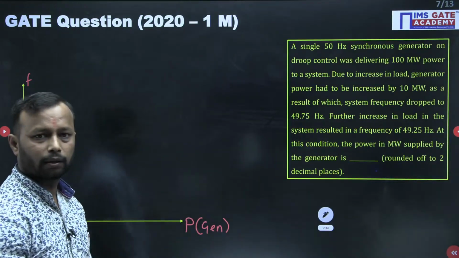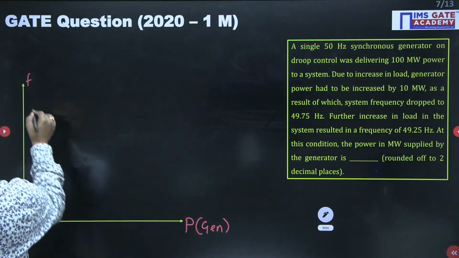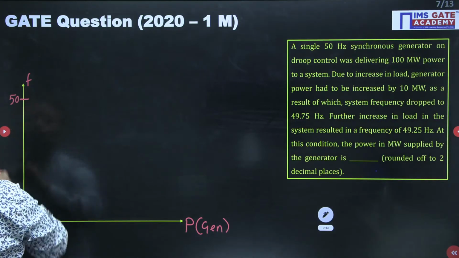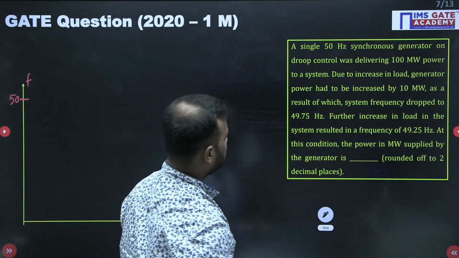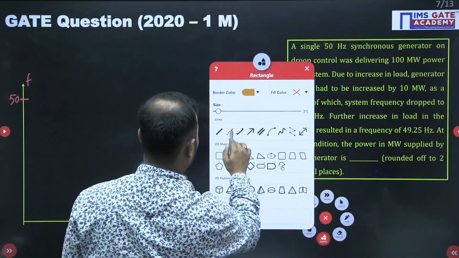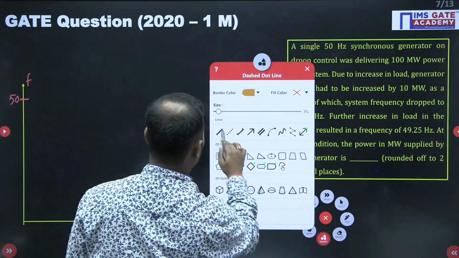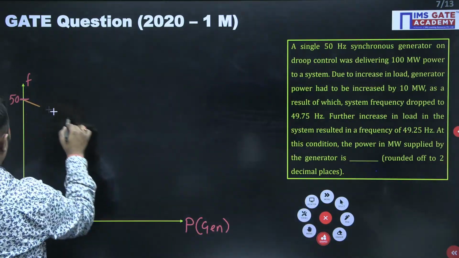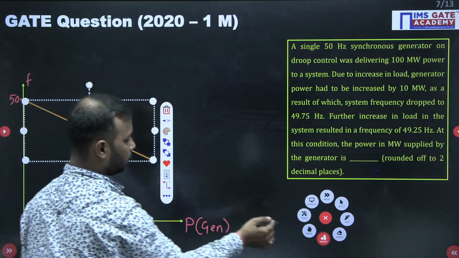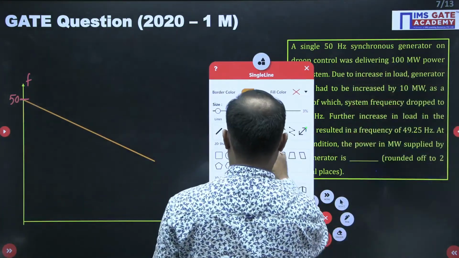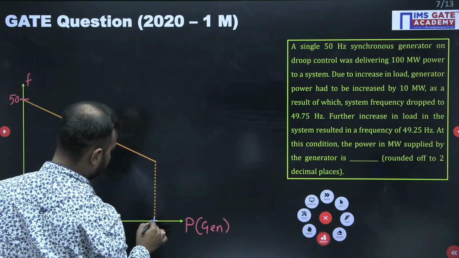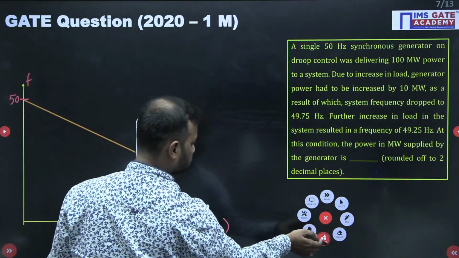So at 50 Hz, due to increase in the load, the frequency is going to decrease like this. So let me take this frequency and one more.